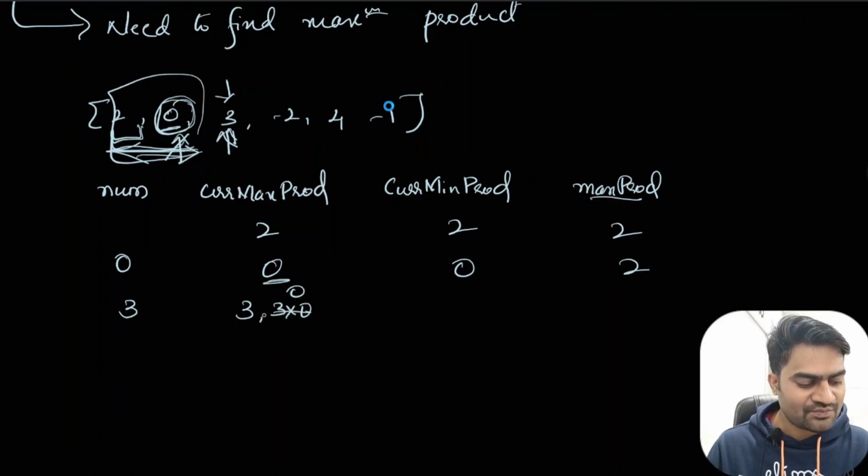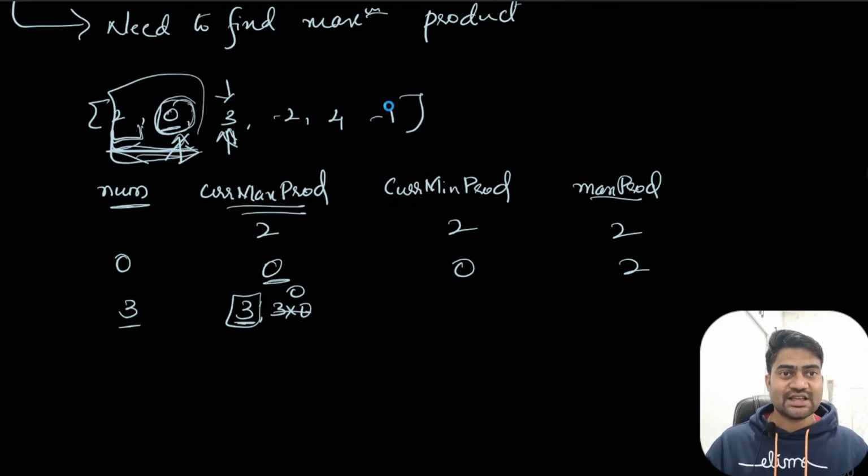Out of 3 and 0, 3 is maximum, right? So this is basically nums[i]. In that case I will update my start index here, then I will take 3 as my current max product. This is how we use this particular logic to find where exactly our subarray starts.